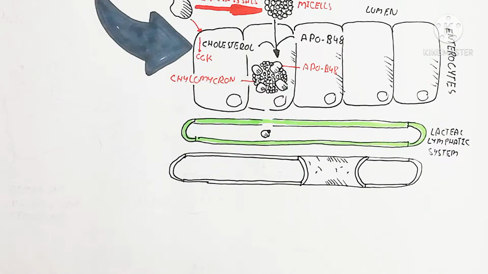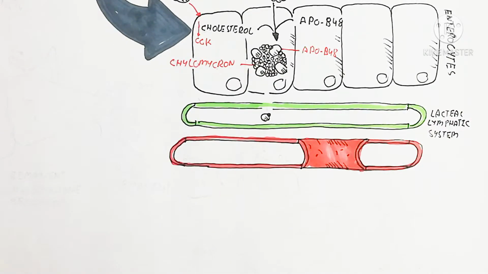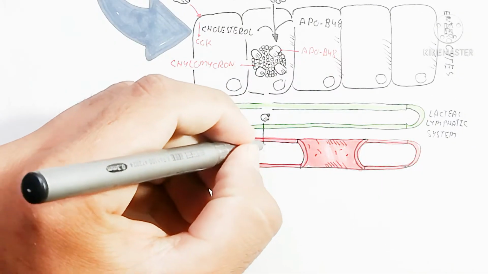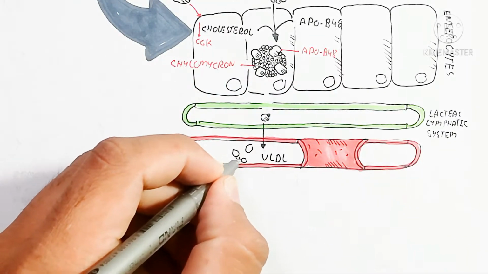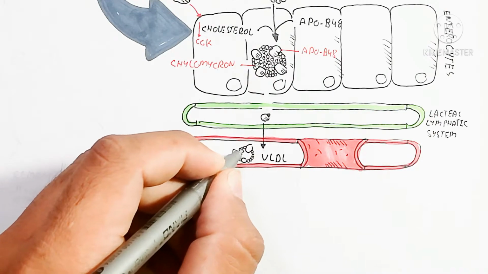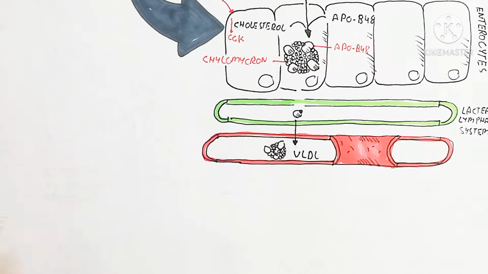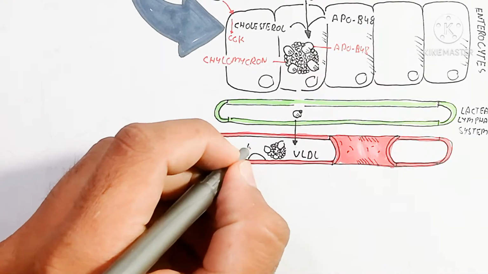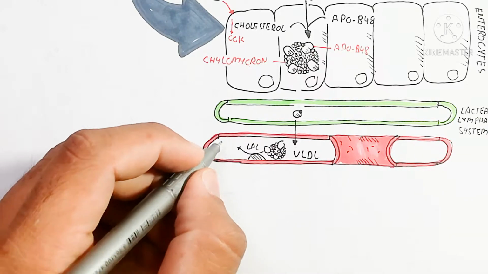After moving through the lymphatic system into the blood vessel, it contains very low density lipoprotein, which is known as the chylomicron. When it enters, the lipoprotein lipase enzyme is present in the endothelial cells of the blood vessel.